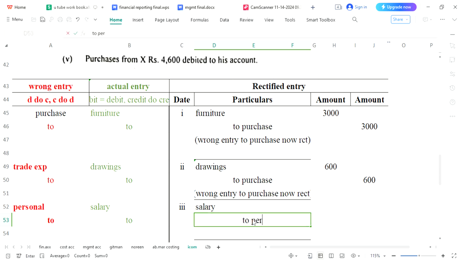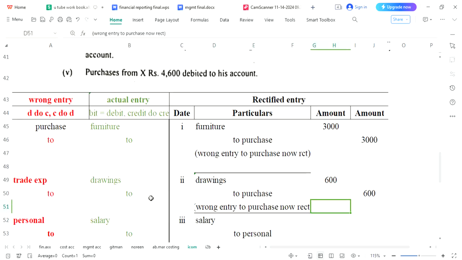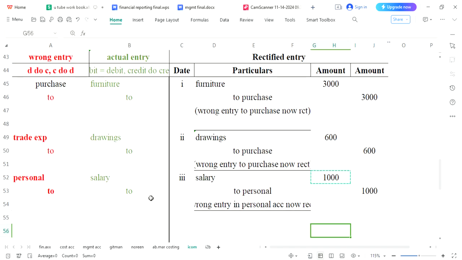So to personal account would be written: wrong entry in personal account, now rectified. And the amount in the third entry is 1000. So just put 1000 on the debit side and the same amount you will write on the credit side.